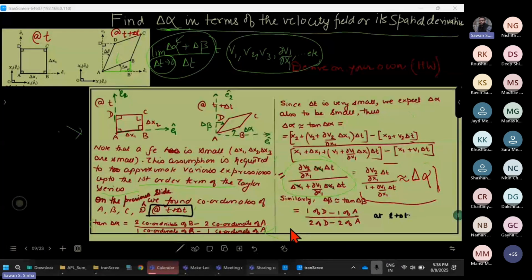Further, delta x1 also cancels out, and we are left with this measure for delta alpha.